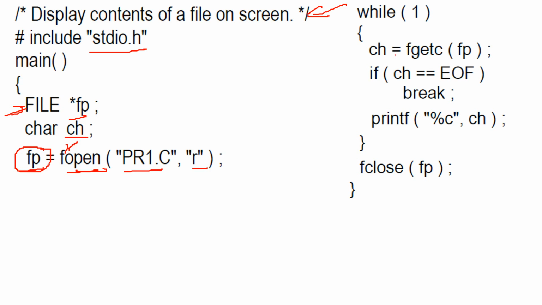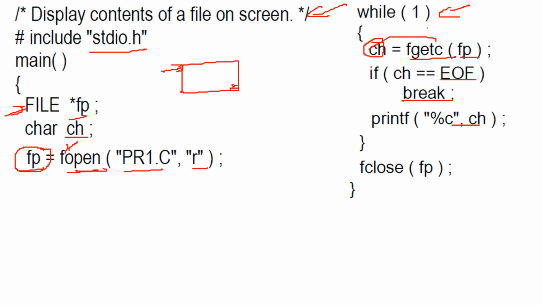What is happening here? We have an indefinite loop. We are getting a character from this fp. Fp is now a pointer which is pointing to the first character of this file. So now we are taking all the characters one by one. We are checking for the end of file. If we reach end of file, we break. Otherwise, whatever we have got in ch, we print it.